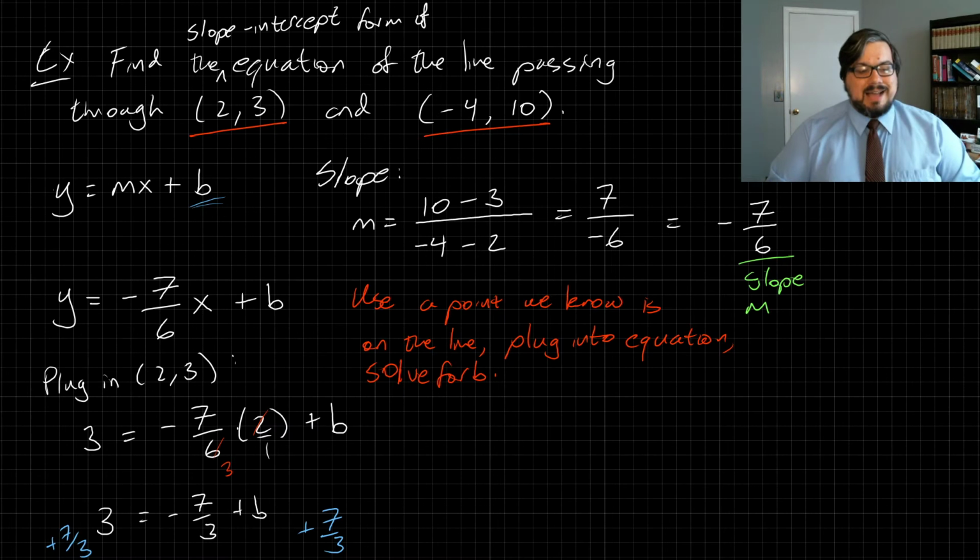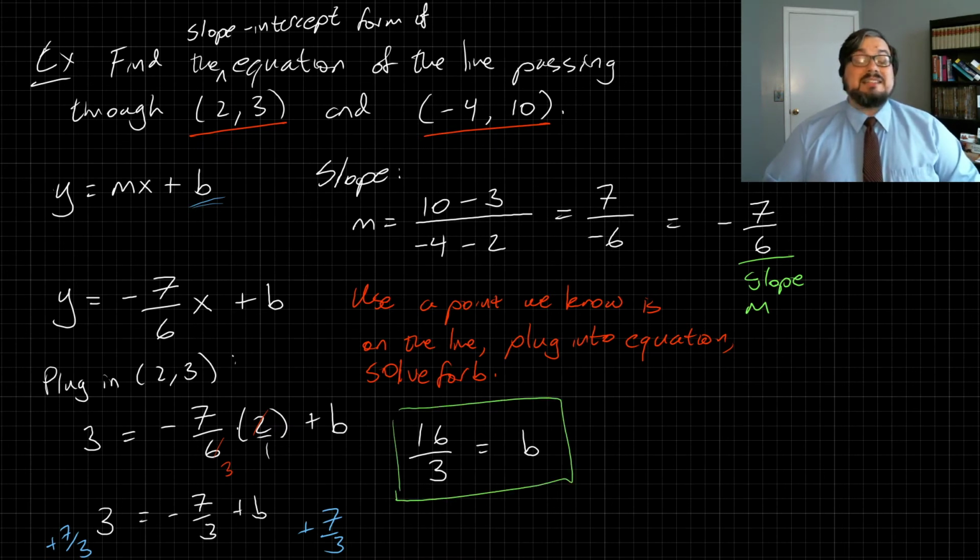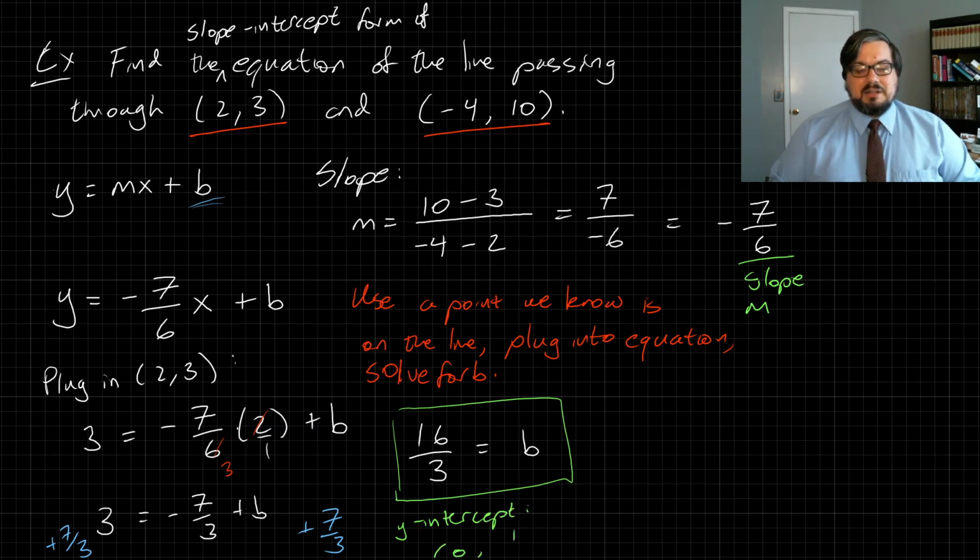Now 3 is 9/3, and 9/3 plus 7/3 will be 16/3, and that'll be equal to b. So that tells us what our b is. That tells us, in fact, the y-coordinate of the y-intercept. So this tells us that the y-intercept is (0, 16/3).